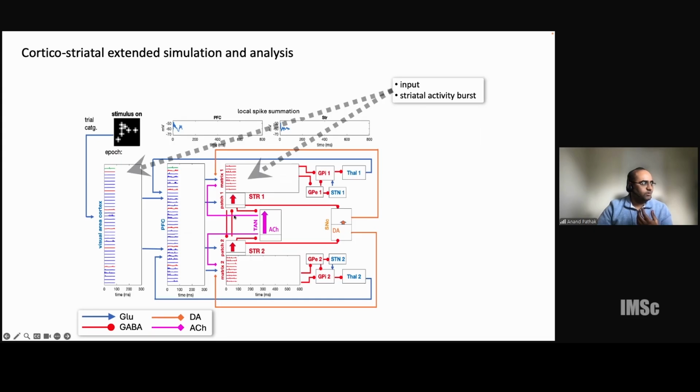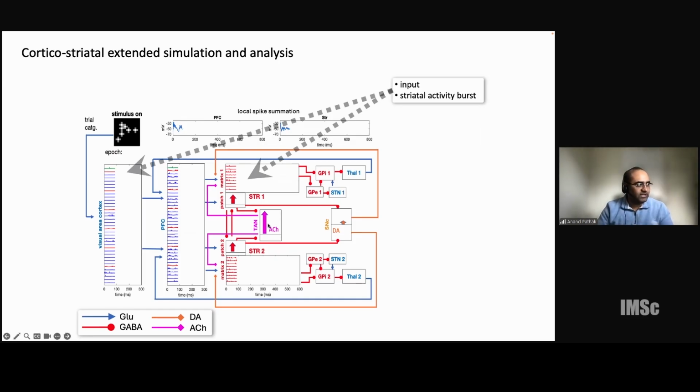So the initial transient activity kind of starts the lateral inhibition. But what really tilts the balance of this competition is these TAN neurons, the acetylcholine. These are a very small population of neurons in striatum, but they're very important. They provide a kind of noise which tilts the balance of which one will win.